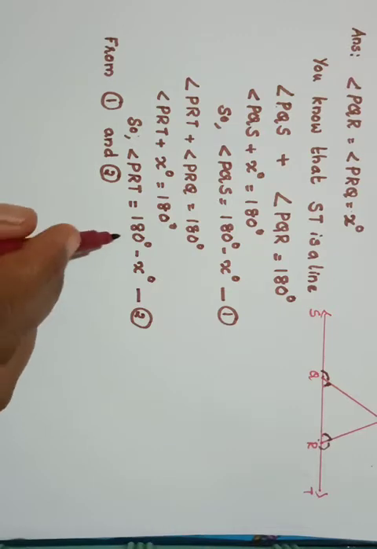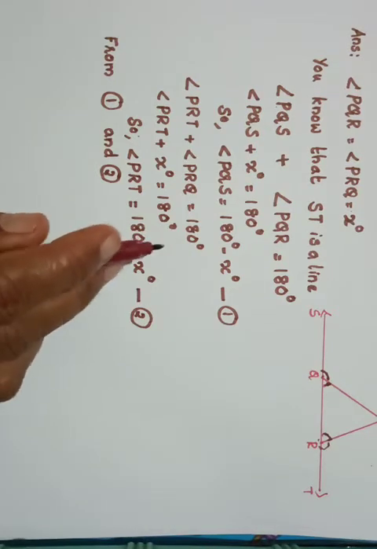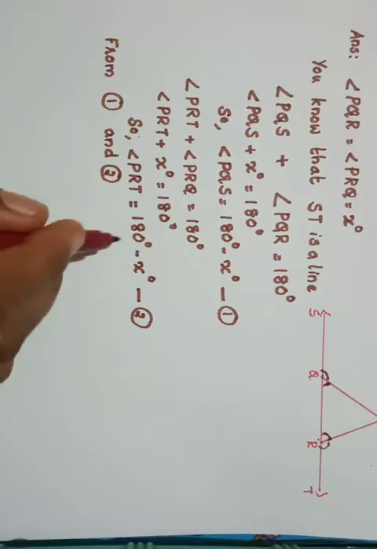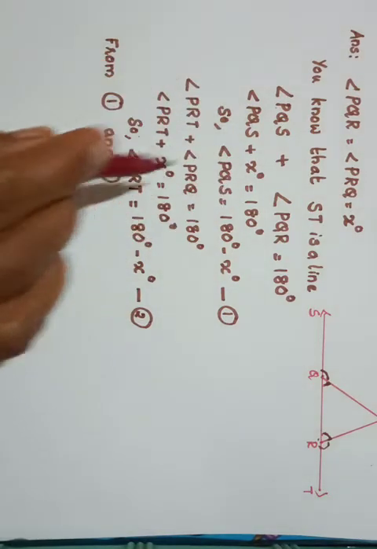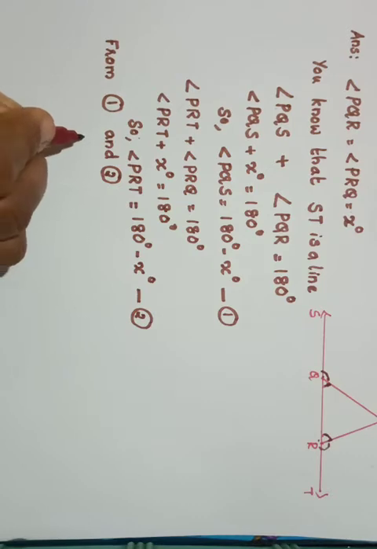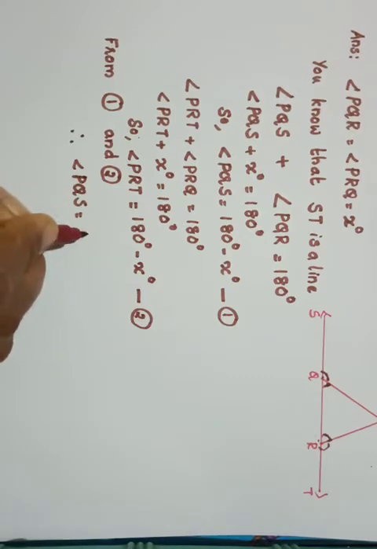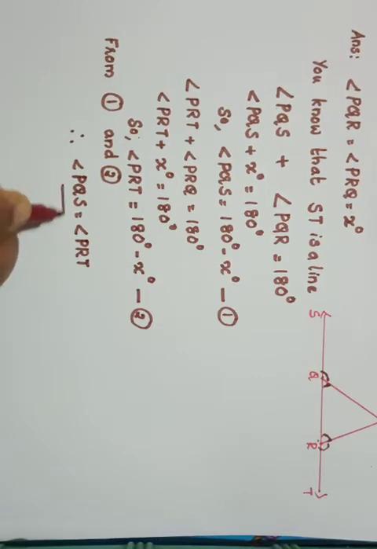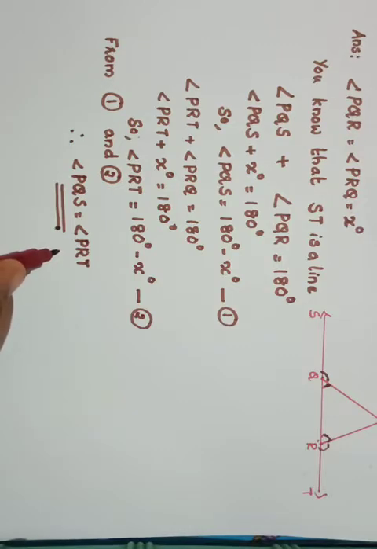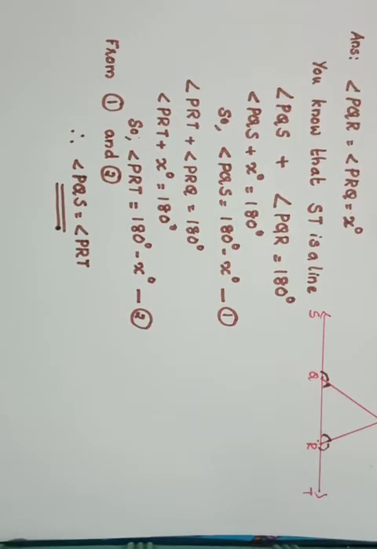Yes, since the RHS of equations 1 and 2 are the same, we can say their corresponding LHS are also the same. So from equation number 1 and 2 we will get angle PQS is equal to angle PRT. So this is what we need to prove. Angle PQS equal to angle PRT. So this is our third question from the textbook.